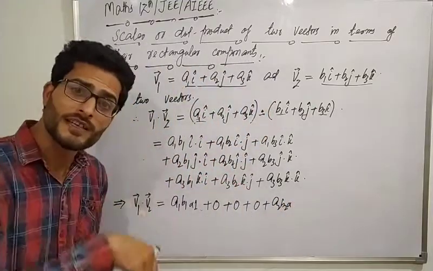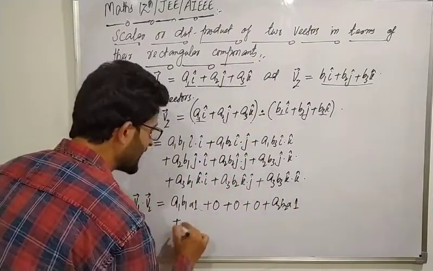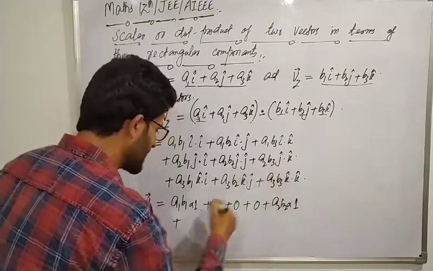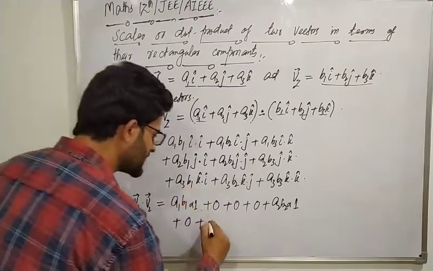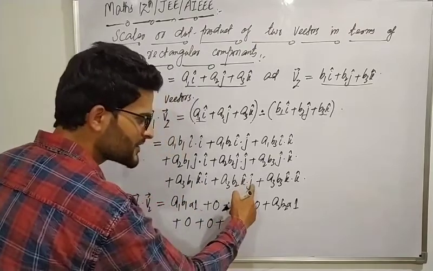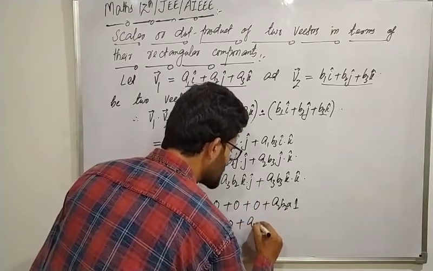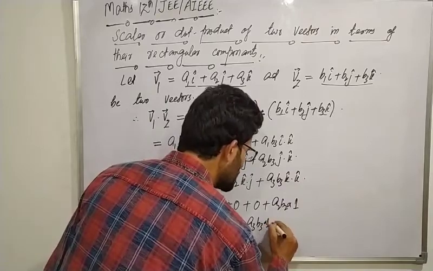अगर प्लस आगे क्या आएगा, a2 b3 j dot k is 0 into anything is 0, plus k dot i is 0 into anything is 0, plus k dot j is 0 into anything is 0, plus a3 b3 k dot k would be always equal to 1.